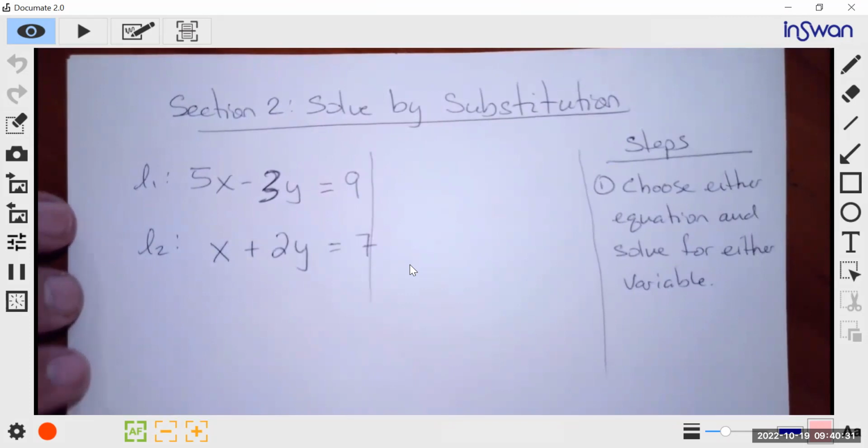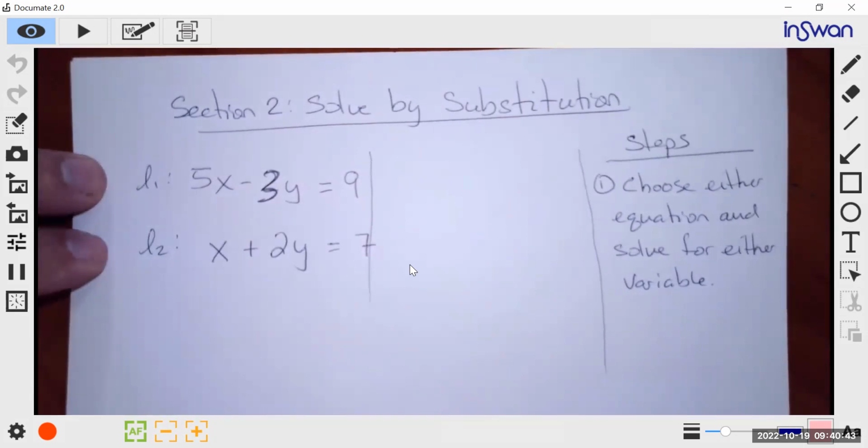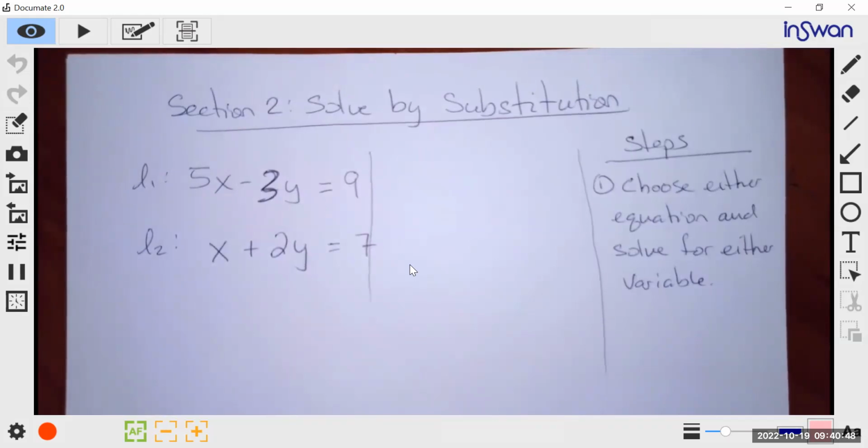Which equation do you want to use and what variable do you want to solve for? Look for the easiest one. We're going to pick one of these two equations and solve for one variable. Do you see anything that looks easy? What do you see easy about it?